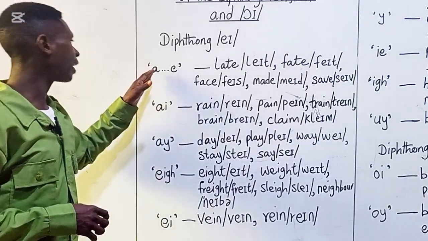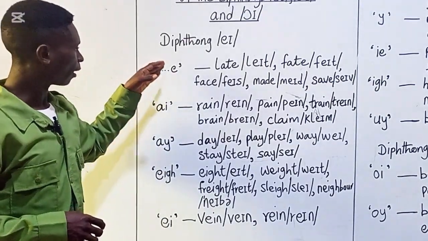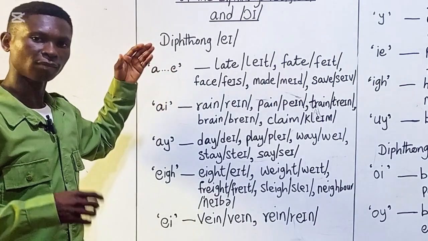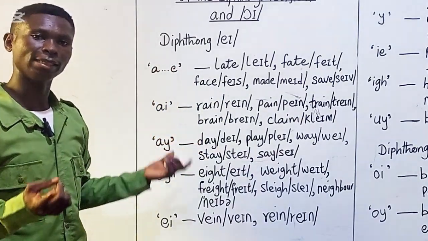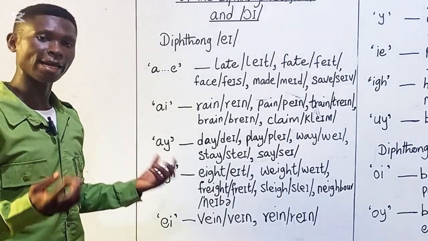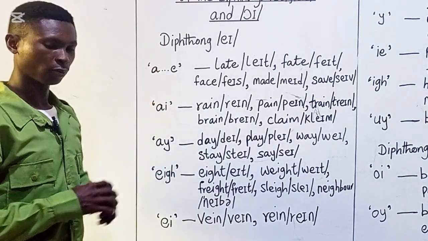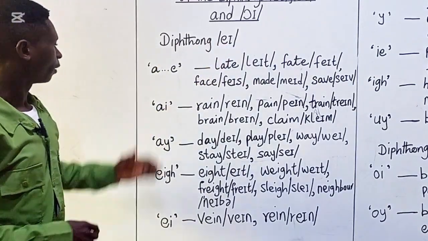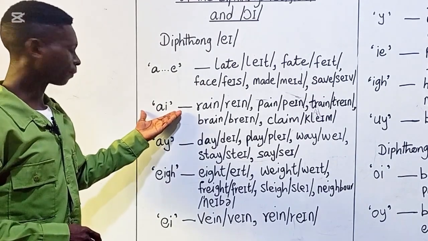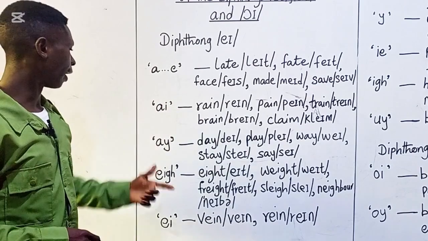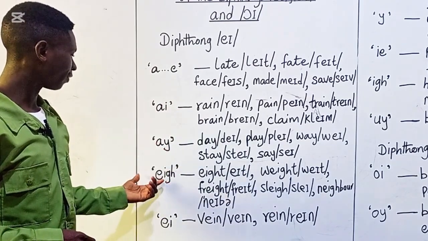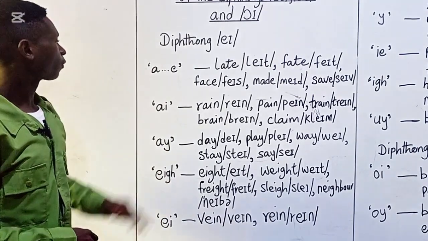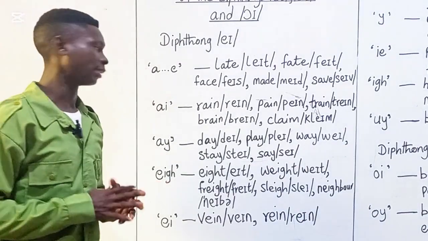So when you have A and E, then in between A and E, you have a consonant letter like T, like D, like S, and so on. You are likely to have the diphthong A. Another spelling of the A sound is AI. You have AY, you have EIGH, and then EI. Now let's consider them one after the other.